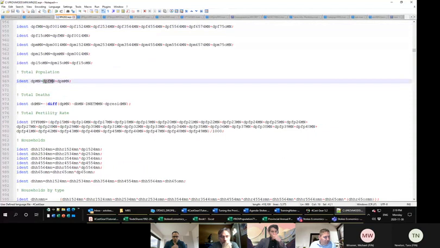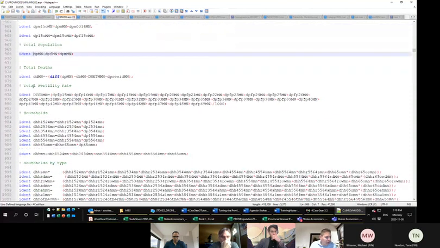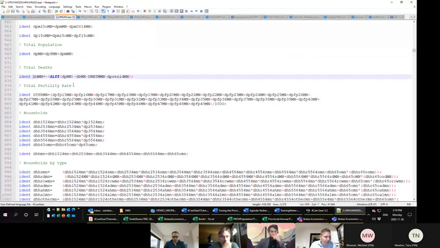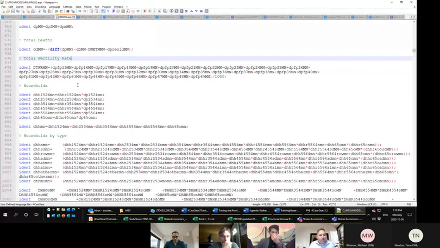And then here, of course, we just are adding up the females and males population to get your total. On the death side, we have a similar setup here. We basically are just taking the difference in these equations to compute total deaths. We have an aggregate fertility rate, which is weighted by the population here.